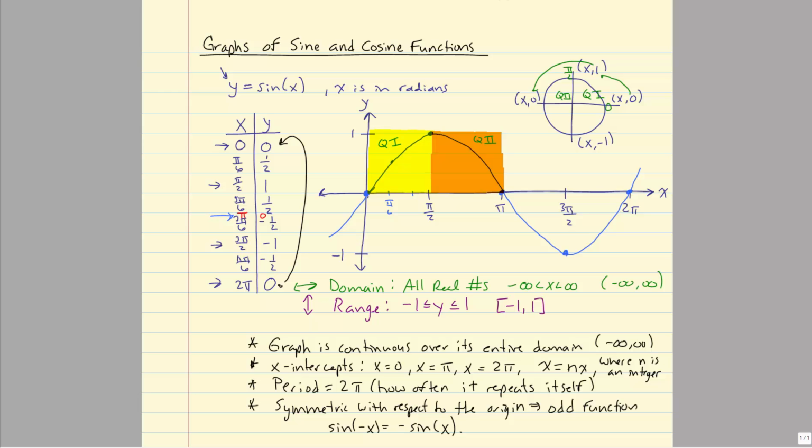Now for Q3, let's keep in mind I'm moving my y values from 0 to -1. So that's what's happening here, from 0 to -1. So that's Q3. And then my fourth quadrant, I'm moving from y values from -1 to 0.